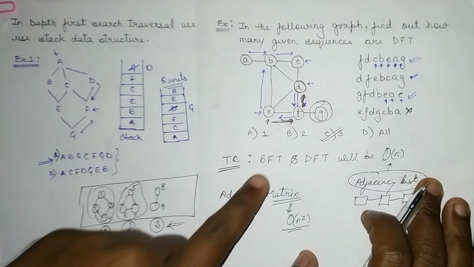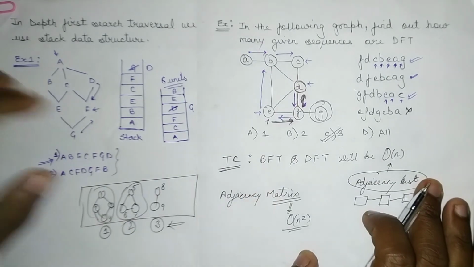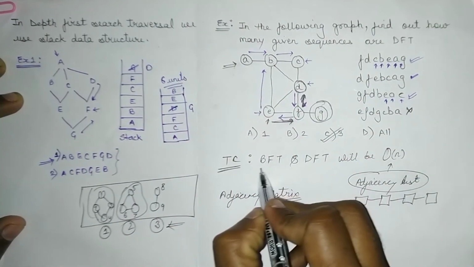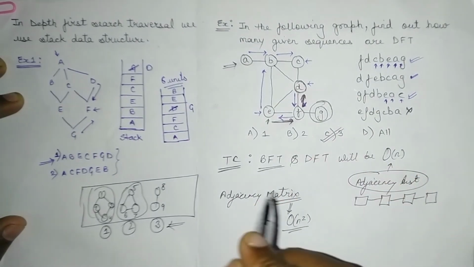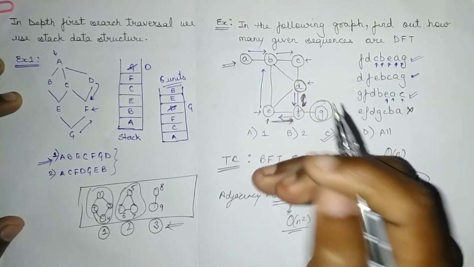And using BFT, you can find out the single source shortest path. How? Let's see. I am talking about BFT only. Using BFT, you can find the single source shortest path in an unweighted graph.